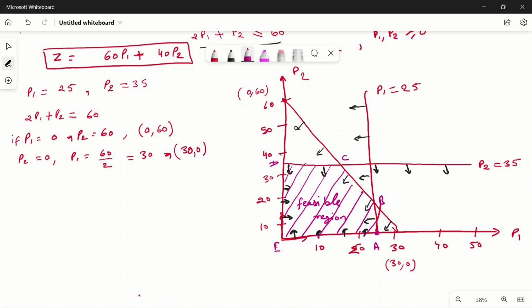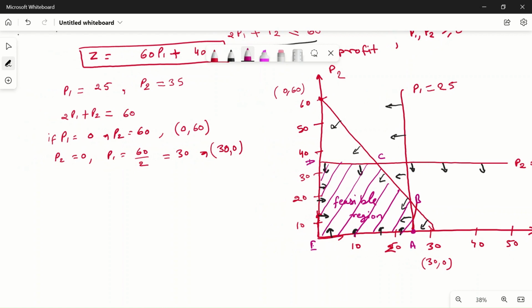Okay, so we have to calculate the coordinates of the points B and C. So what are the coordinates of point B? At point B, the line 2p1 plus p2 is equal to 60, and the line p1 is equal to 25 are intersecting.